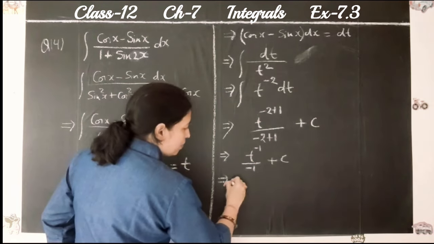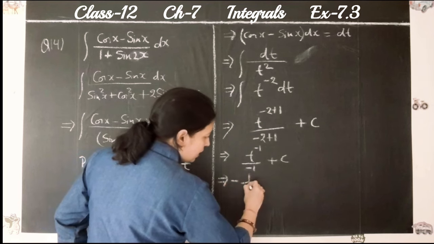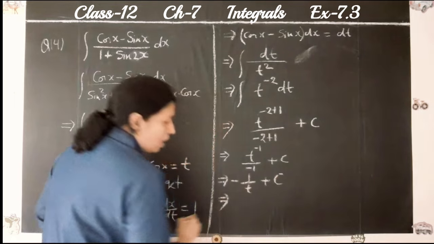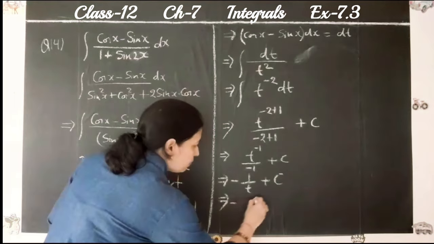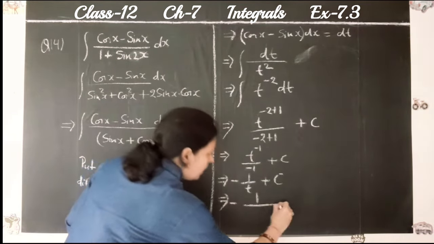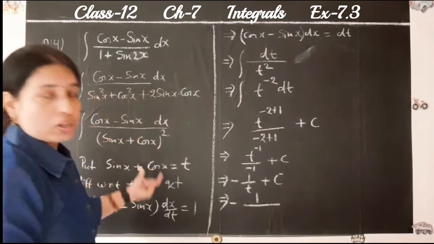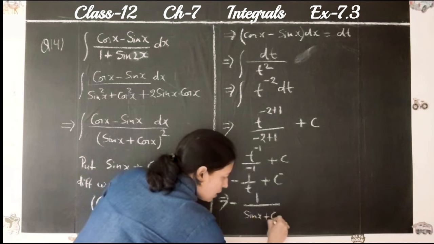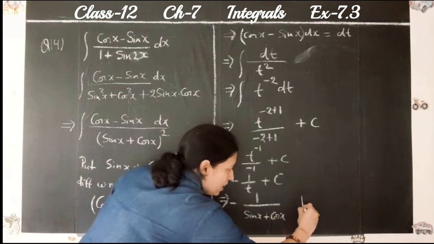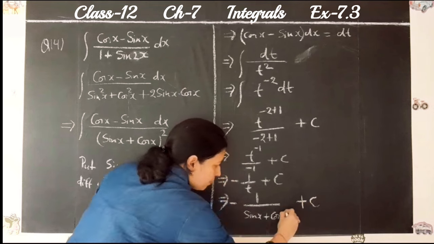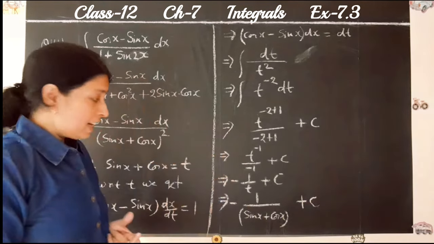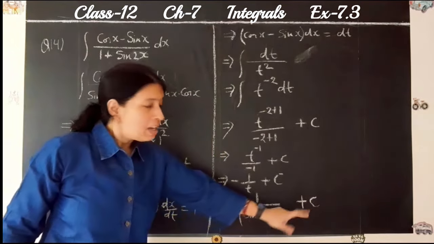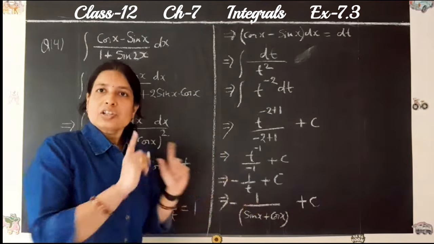So we can write minus 1 by t plus constant c, and put the value of t. t is sin x plus cos x. So finally we get our answer: minus 1 by (sin x plus cos x) plus a constant c. So this is your answer.